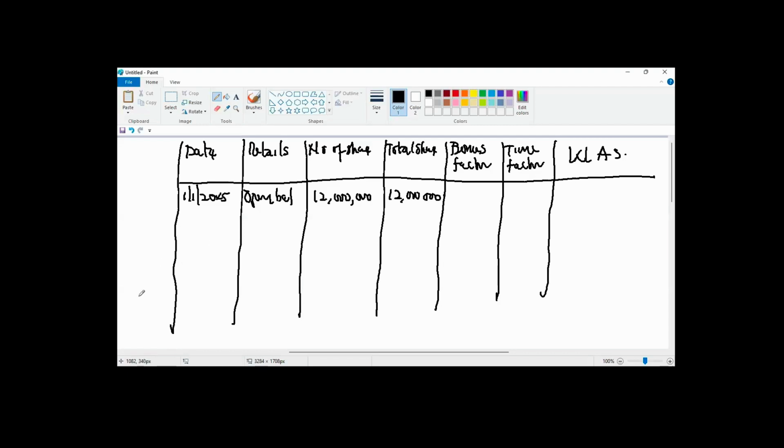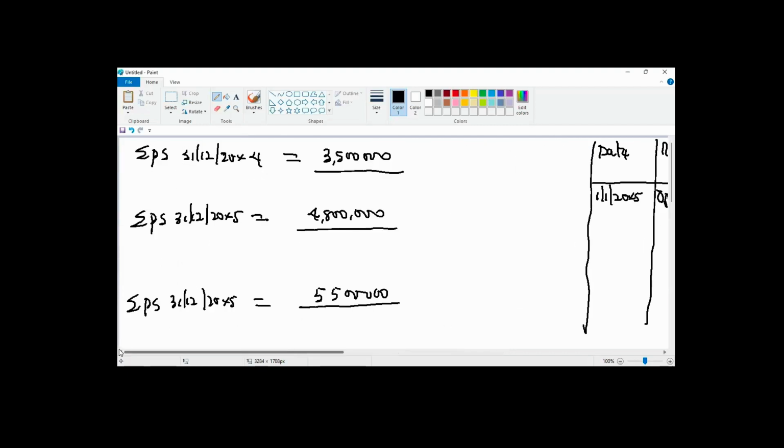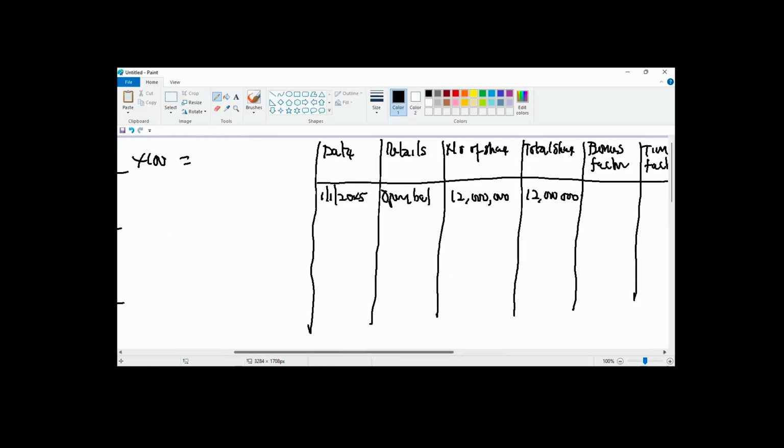The closing balance of 2004 will be the opening balance of 2005. So this will give me 12 million times 100. This is what you close with. Then, what happened next?